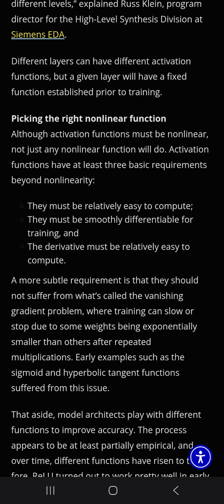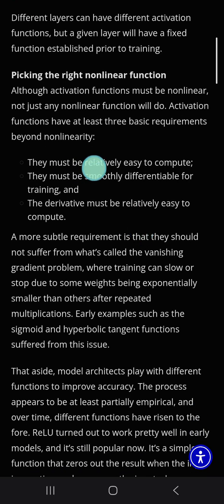Picking the right nonlinear function. Although activation functions must be nonlinear, not just any nonlinear function will do. Activation functions have three basic requirements beyond nonlinearity. They must be relatively easy to compute. They must be smoothly differentiable for training, and the derivative must be relatively easy to compute.